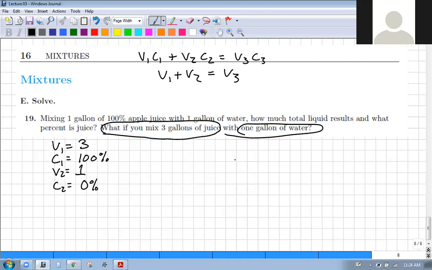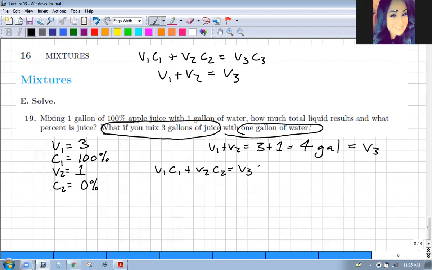All right, so we know V1 plus V2 is 3 plus 1. It gives us 4 gallons. We're mixing 3 gallons with 1 gallon, so we got 4 gallons. That's our V3, the resulting liquid. Now, since we know V1 C1 plus V2 C2 equals V3 C3, we can plug in our numbers.